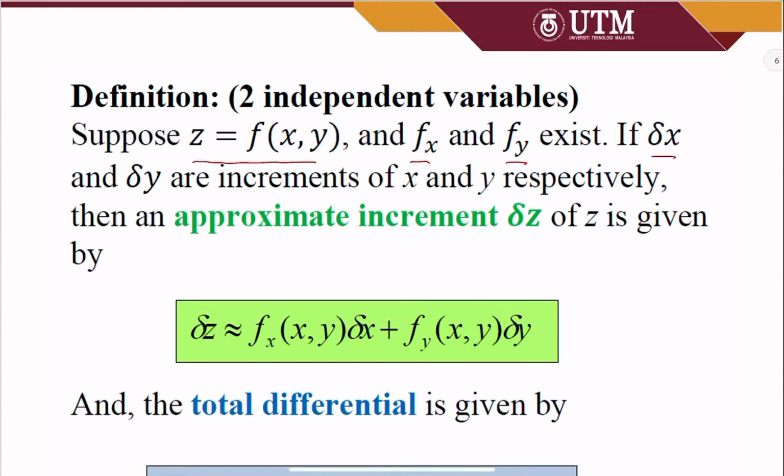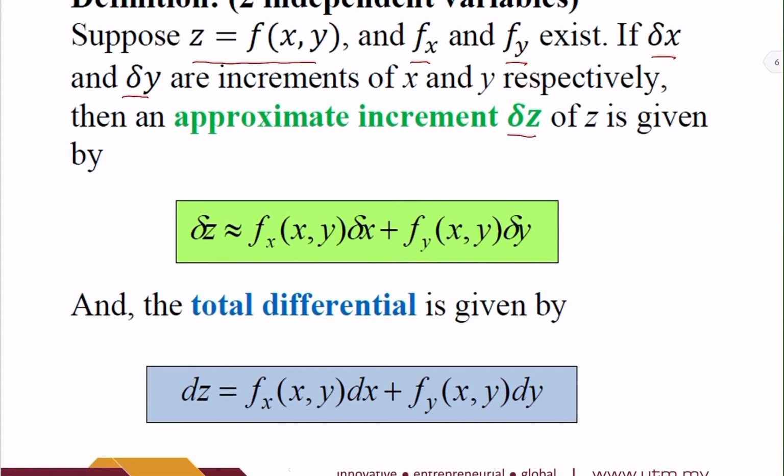Delta x and delta y are the increments of x and y. Then the approximate increment of delta z is given by the following, and the total differential is given by this.